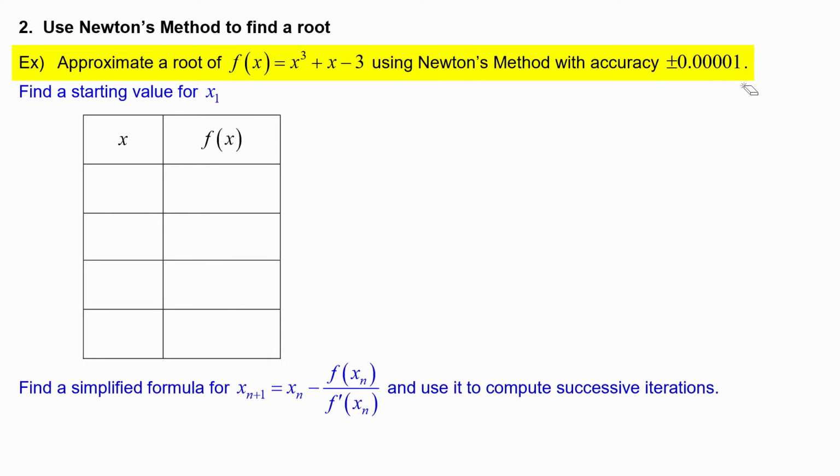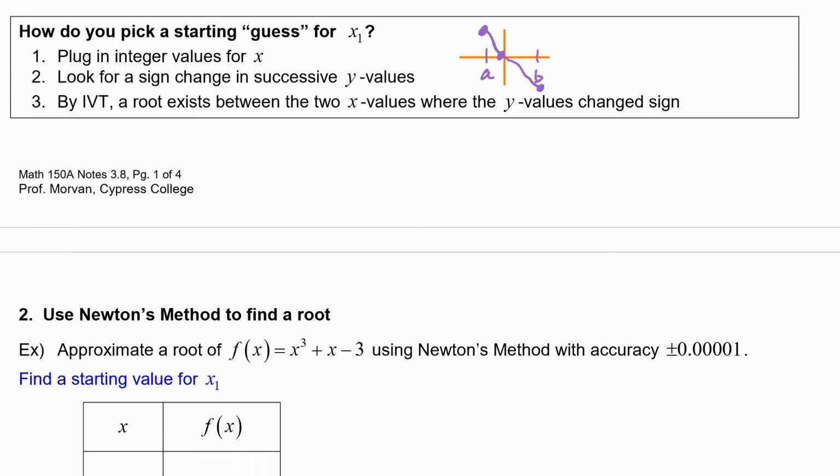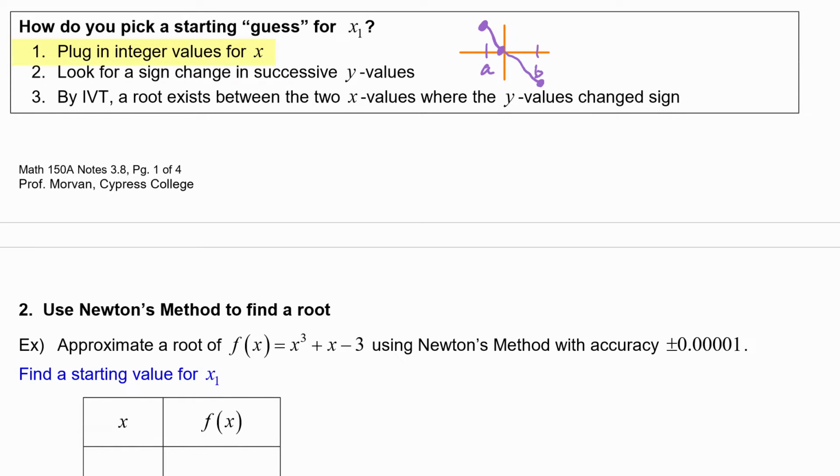So this tells you how close your answers have to be to each other before you stop. Now remember, the first thing we have to do is find a starting value for x1. And if you remember, we said the way to do that is to plug in integer values for x and then look for a sign change in successive y values.